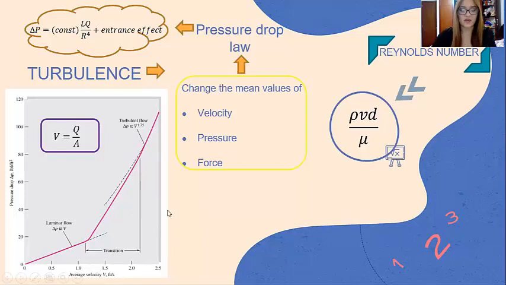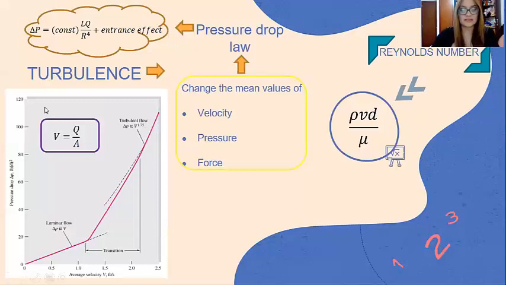But Hagen didn't realize that the constant was proportional to the fluid viscosity, so the formula broke down as Hagen increased Q past the critical Reynolds number. He stated that there must be a second mode of flow characterized by strong movements of water, for which pressure drop varies as the second power of the discharge.